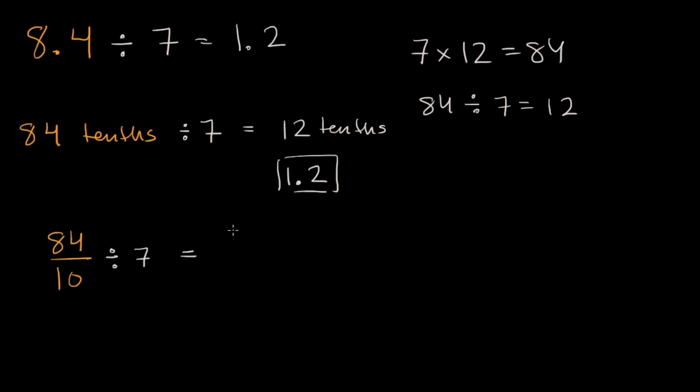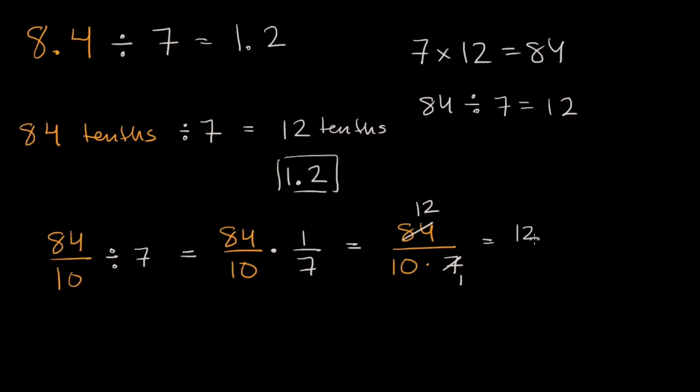So it's 84 over 10 times 1/7, which is equal to 84 over 10 times 7. And now we could simplify this. If we divide the numerator and the denominator by 7, 84 divided by 7 is 12, 7 divided by 7 is 1, so this is going to be equal to 12 tenths, which is 1.2. We could write this as 1 and 2 tenths, or 1.2.